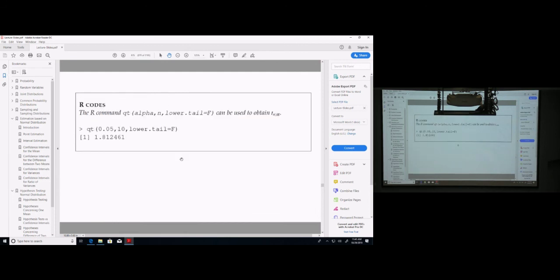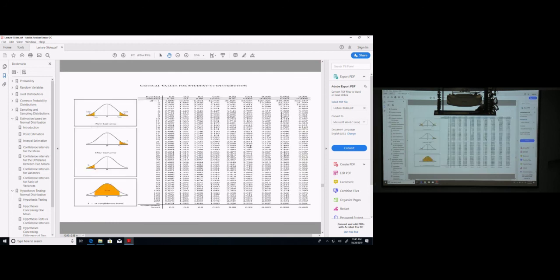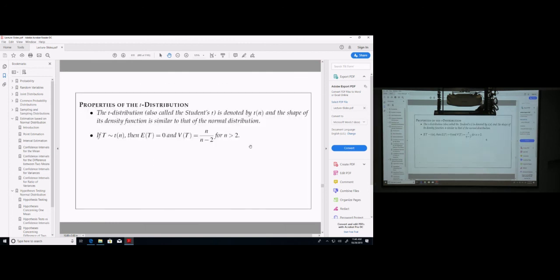And also, we are calculating the upper tail. So in R, we want to suppress this default option. Okay. Again, you don't need to remember this. All right. The main thing is the mean is 0.